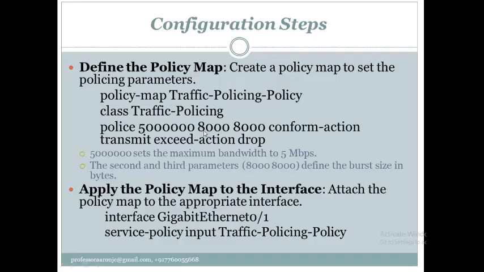If it is conforming, you transmit. If it exceeds, drop. Dropping is what? Policing. You're dropping the excess. It is not 8,000 to 10,000. It is 8,000 and 8,000 only, meaning 8 kilobits.